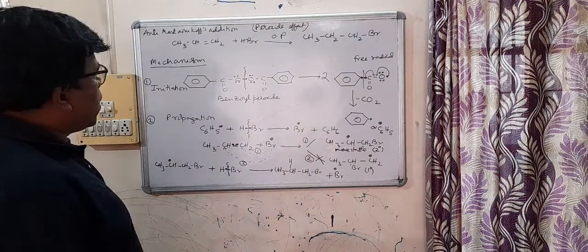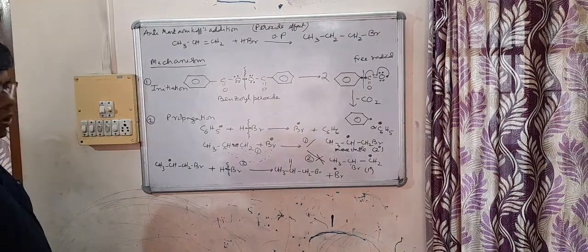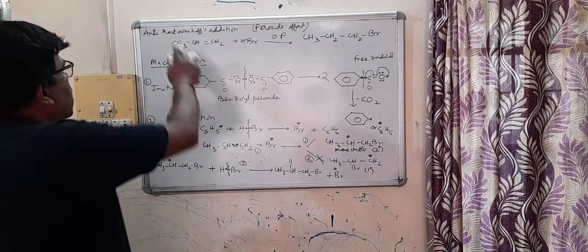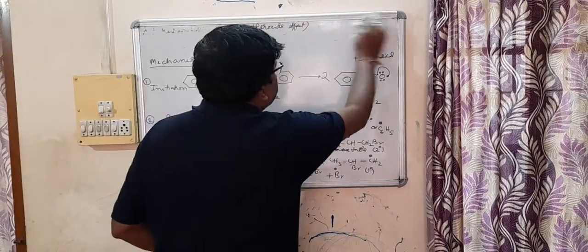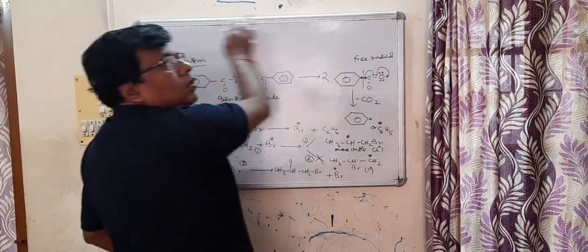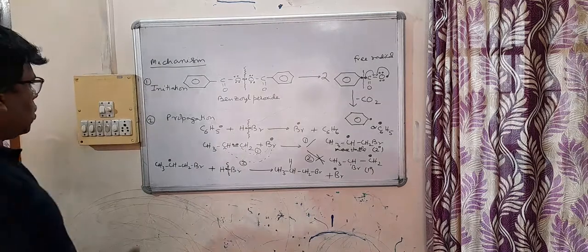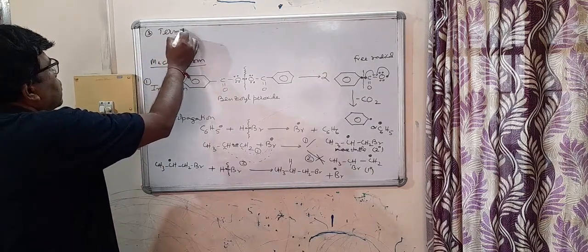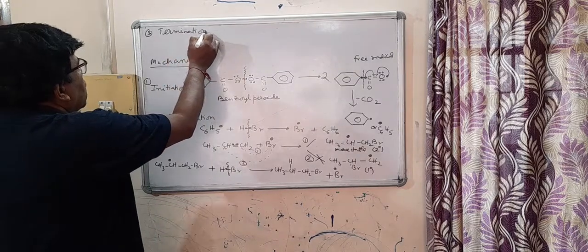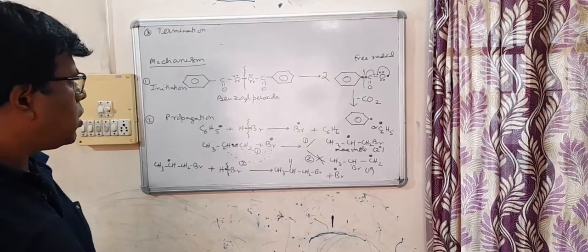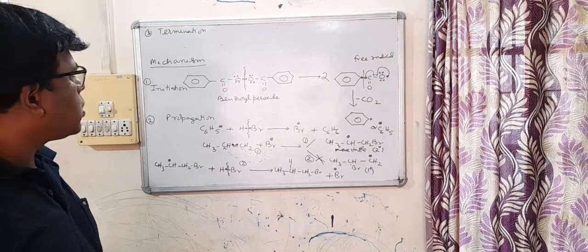And the free radical mechanism has a third step also, that is called termination. So I am writing the termination step. Termination means the disappearance of free radicals.